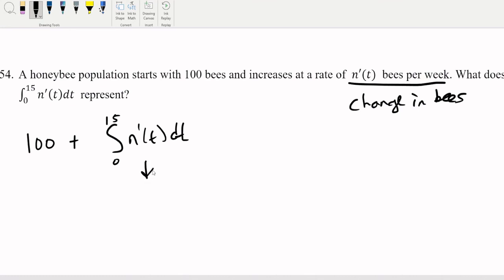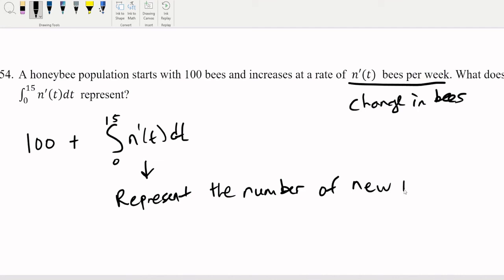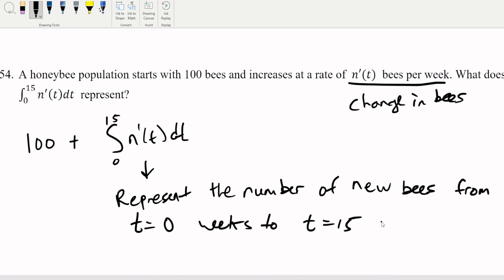Well, it's just going to represent the number of new bees from t equals 0 weeks to t equals 15 weeks.